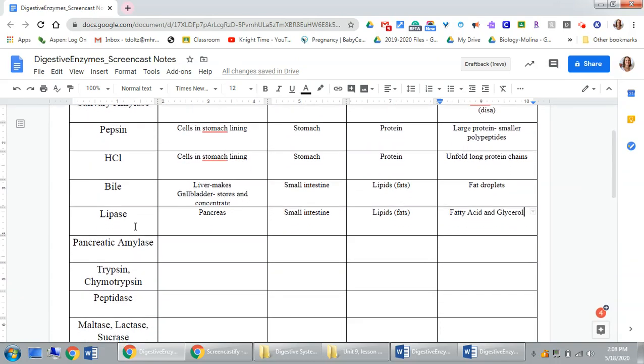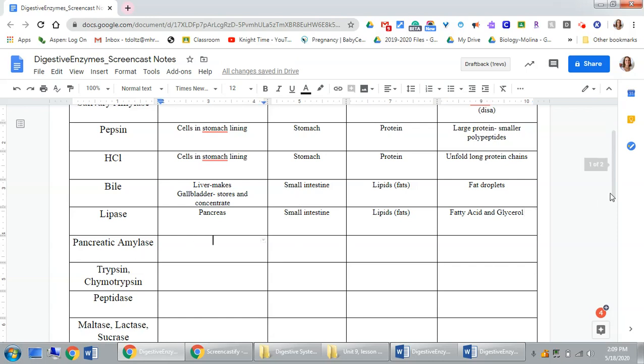So lipase, made in the pancreas, used in the small intestine, digests fats, lipids, and breaks them down into our final smallest product, fatty acids and glycerol. So really, the only place in your body that you digest fats is in the small intestine.